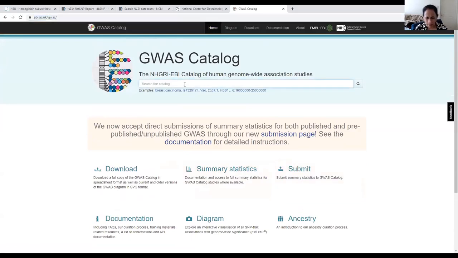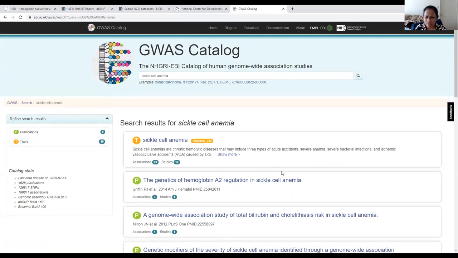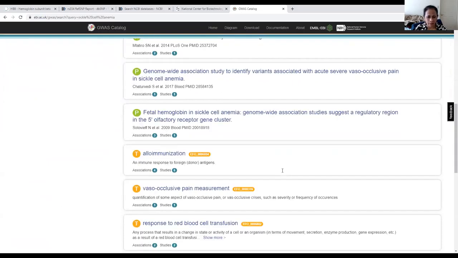So let's look at hemoglobin, or we can just look for sickle cell anemia, if there is any data on sickle cell anemia, right? You can just click on sickle cell anemia and you get to this page. There are about 6 publications, and there are so many different traits for sickle cell anemia. Traits means what are the different, we'll get to that.